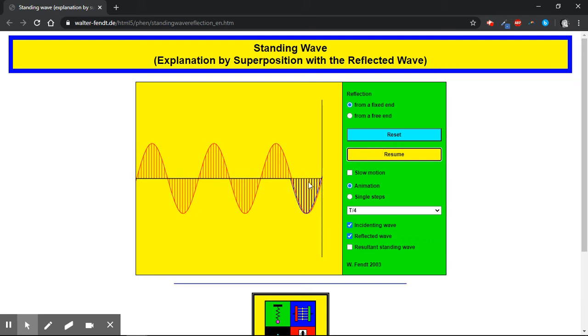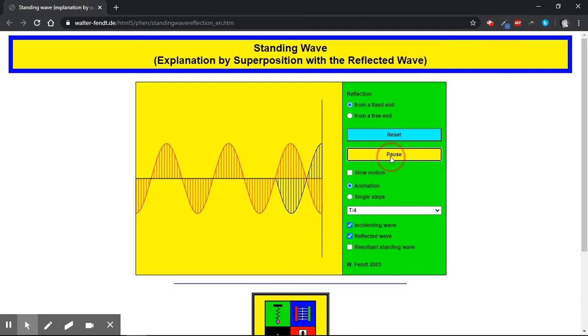Okay, let's move it. Now watch this. Okay, now the incident wave is still coming. The reflected wave is moving back, and the reflected wave is in the same direction and magnitude as the incident wave. What's going to happen? Well, these two are going to add together and should give a really big wave. And look at that. How about right there?